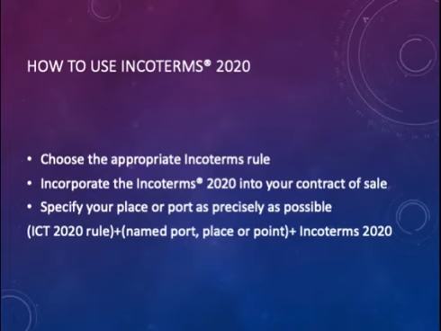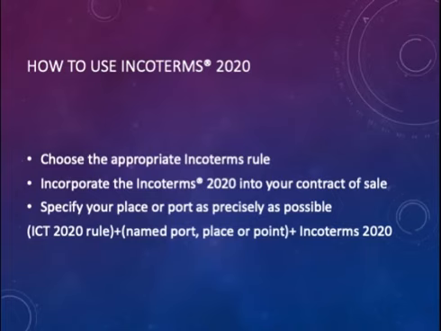So if you decide to use Incoterms 2020, you should make a reference in your contract clearly. You should write the name of the version of Incoterms. For example, if you use FOB Incoterms 2020, you should put Incoterms 2020 in your contract.